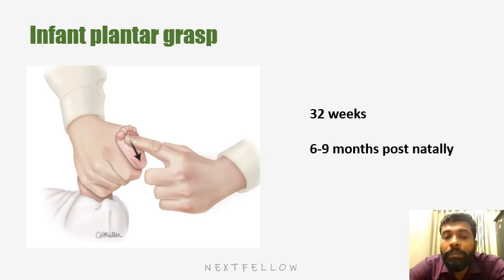The toes plantar flex, the toes try to grasp the object that touches the sole. It seems to flex around the examiner's finger when it is brought across the ball of the foot. It is not towards the feet, it is downwards towards the ball of the foot.